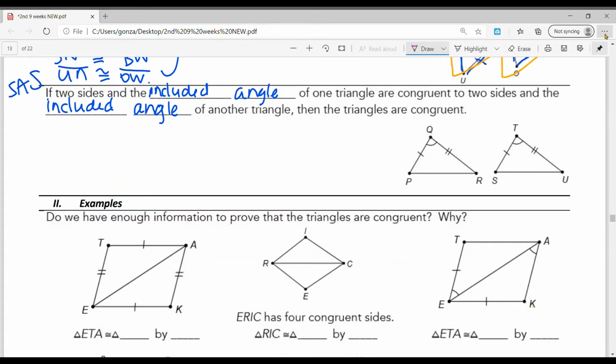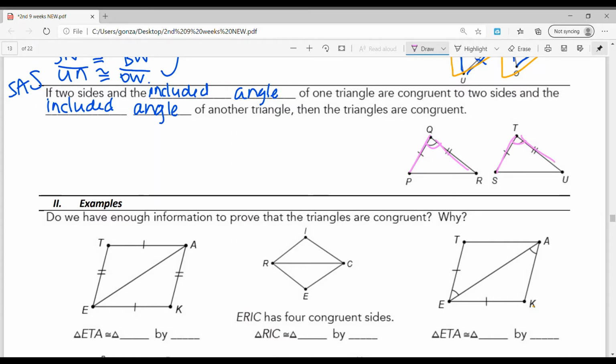So now we're going to look at side angle side, and this basically says that if you have two sides and the included angle of one triangle that are congruent to two sides and the included angle of another triangle, then the triangles are congruent. So you're saying that you have a side and an angle in one triangle, and a side and an angle in another triangle.